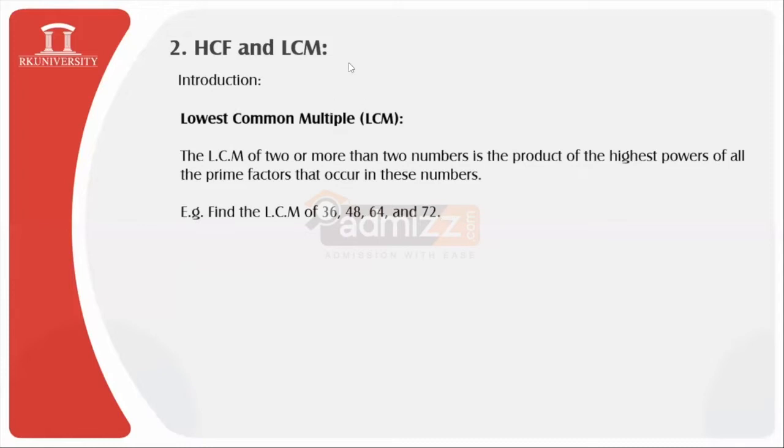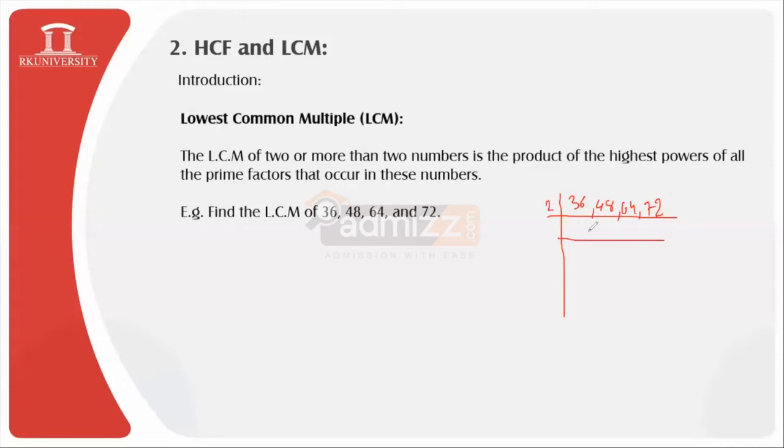Now to find the LCM, students, we need to write each of the numbers in a single table form. That is, I will write 36, 48, 64 and 72. Now I need to select the lowest prime number which can divide either of the given numbers, that is 2.